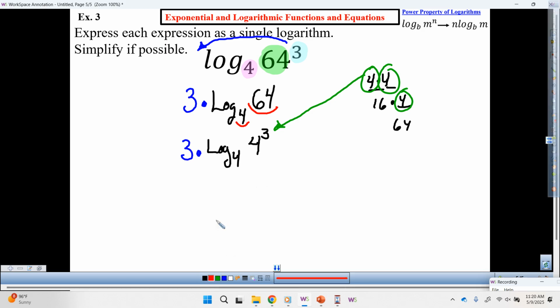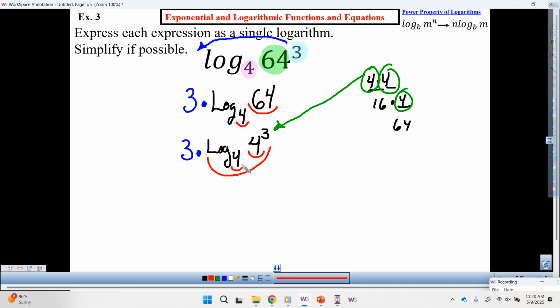I want you to pay attention to this portion right here. Didn't we have a rule that said if the base of the log is the same as the base of the given number, tell your neighbor, what would this be? What would you write here by itself? Joseph, what would we write?